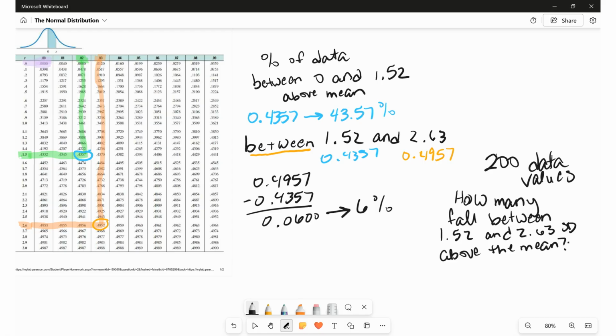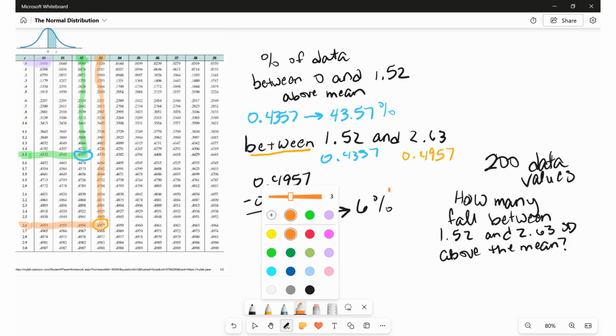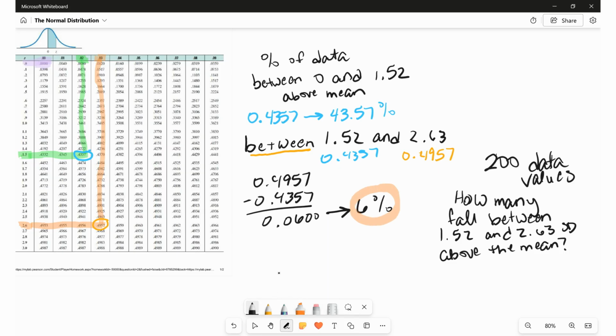Okay. Well, step number 1 to this is to find out the percentage that fall between those two things, which we've already done. We've already determined that 6% of our data fall between the 1.52 and 2.63 standard deviations above the mean. So if we know that we have 200 data values, then we're going to take our 200 and multiply it by the 6%.